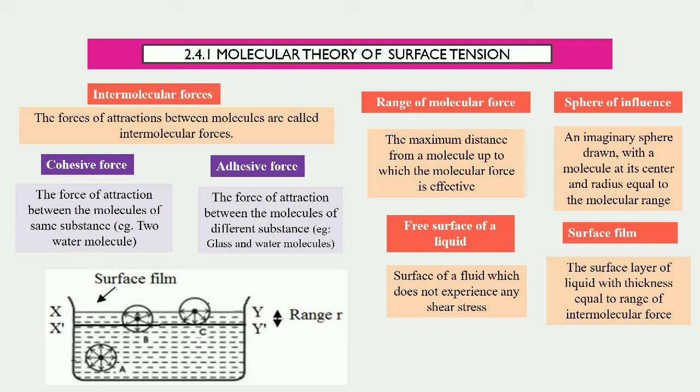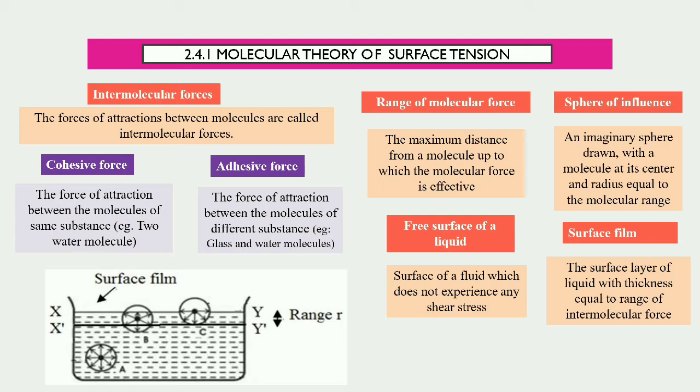There is always a certain maximum distance up to which the intermolecular force of attraction is effective. You can consider similarly, suppose we consider one positive charge and one negative charge. Because those two will be unlike charges, there will be a force of attraction. That force of attraction is actually Coulomb's force of attraction, right? Similarly, if you consider one positive charge, in the vicinity of that charge there will be an electric field.